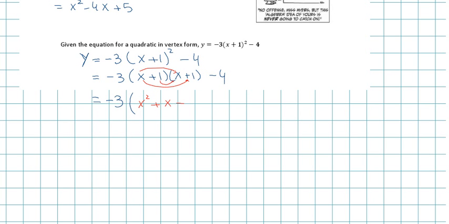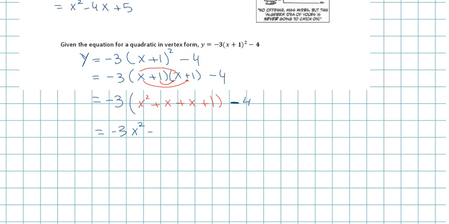The next step, you multiply the -3 inside the bracket, for every single term inside your bracket. So minus 3x squared, minus 3x, minus 3x, minus 3, and then minus 4.